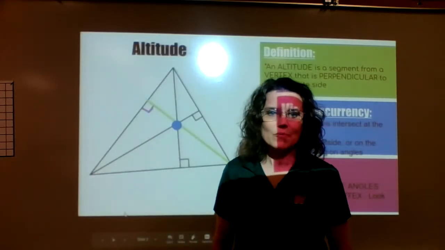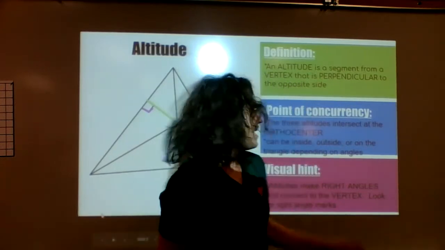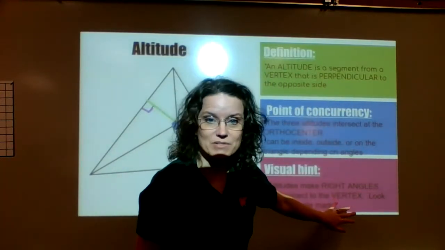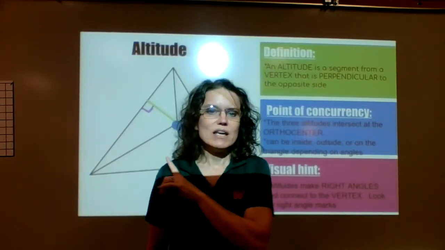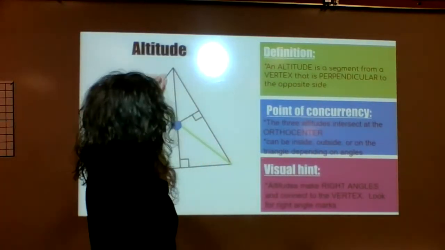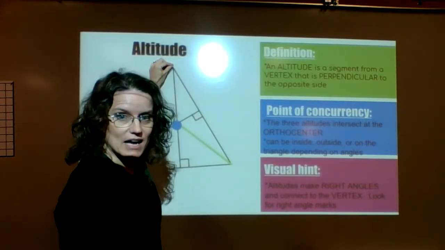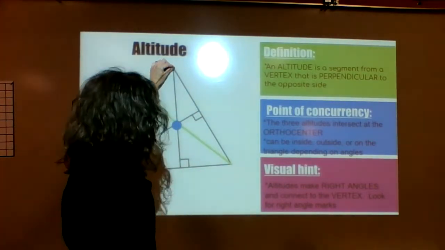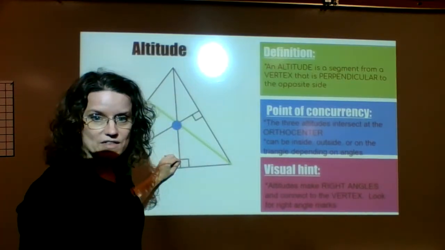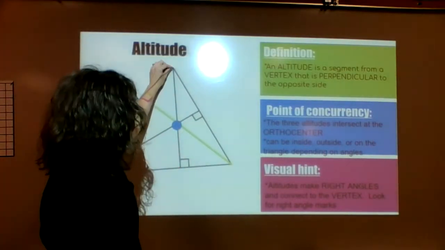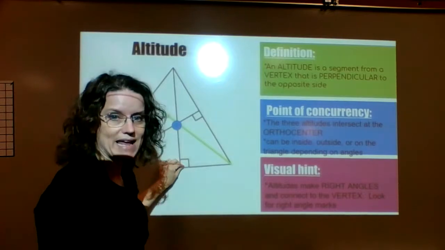Let's try something new. Here we have an altitude. And for this one, I forgot to set this all up to be clickable, so you get to see it all ahead of time. An altitude is going to be a segment that goes from a vertex, but this time, instead of always going to the middle, it's always going to go and create a right angle with its opposite side. And so it's coming from a vertex to a right angle.